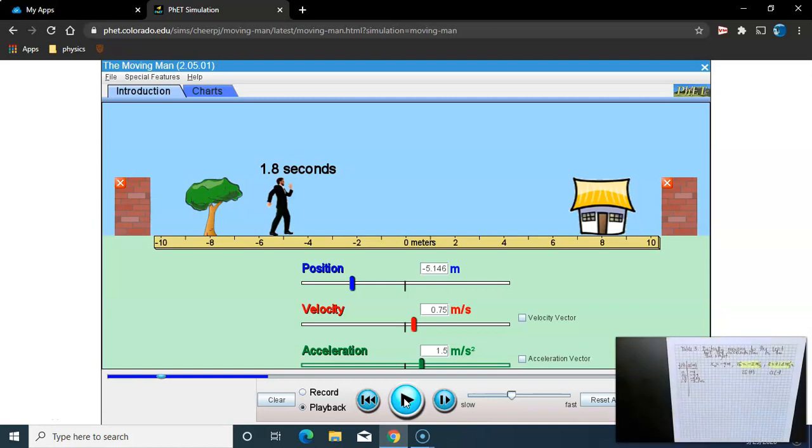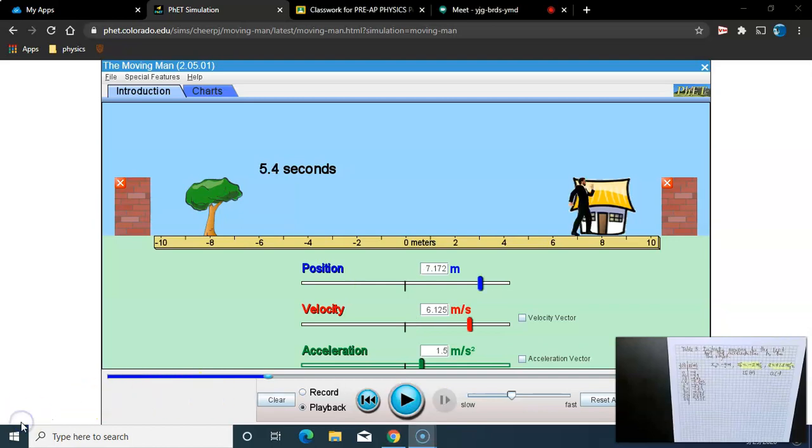And I will pause the video now and continue putting the numbers. So as you see, I just populated the data. In the second video, you are going to see how the position and time graph looks. You could plot it by hand, but it's time consuming. That's the reason why we plotted using Sheets.